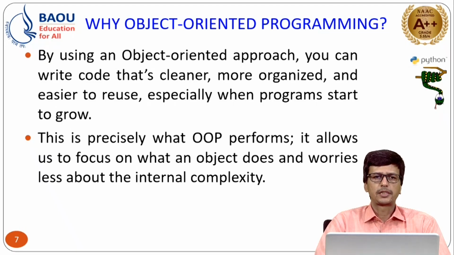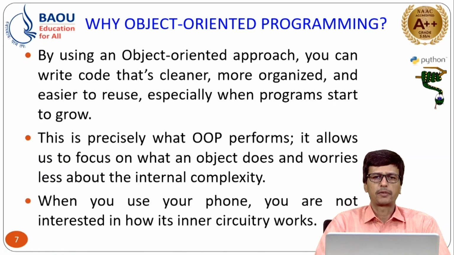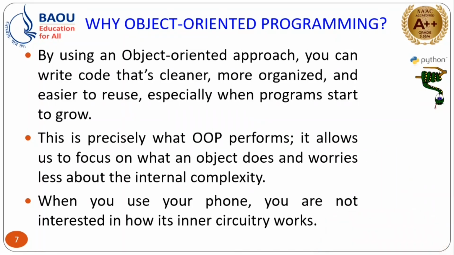Now, to be precise, object-oriented programming allows us to focus on what an object does and worry less about the internal complexity. That is one of the advantages of object-oriented programming. Say, for example, you have a mobile and you operate it very well. You don't worry about how the internal structure or the inbuilt mechanism works, right?